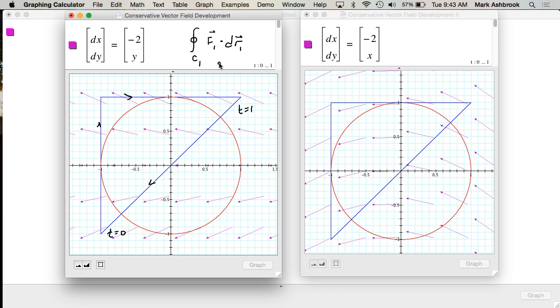Go. You're either making progress or you're getting help. And remember the triangle, we're going to go clockwise around the triangle and counterclockwise around the circles, okay?